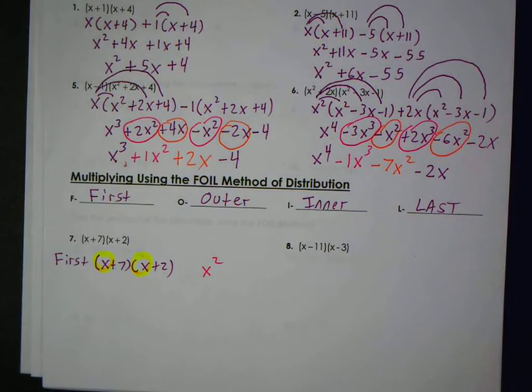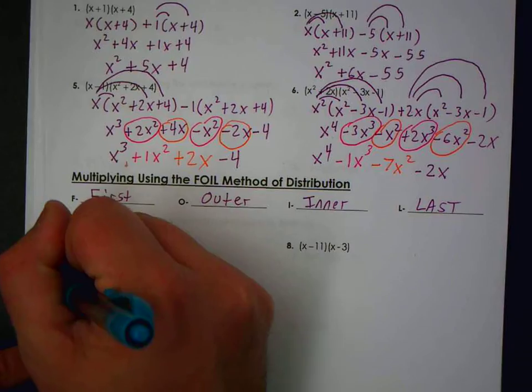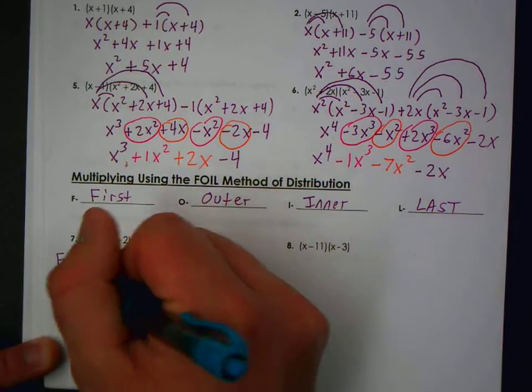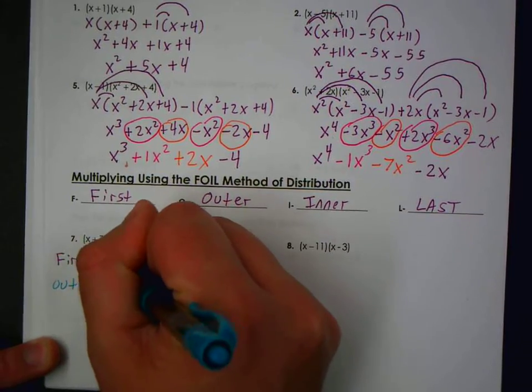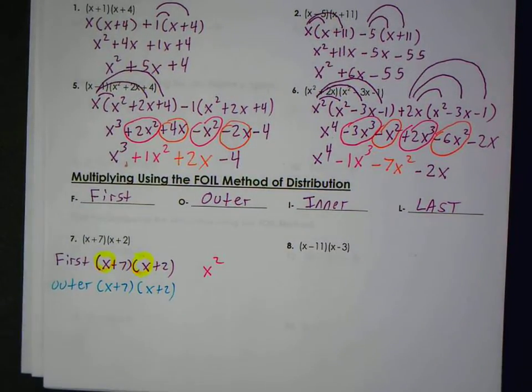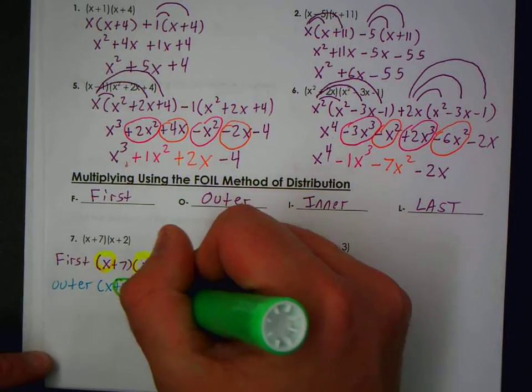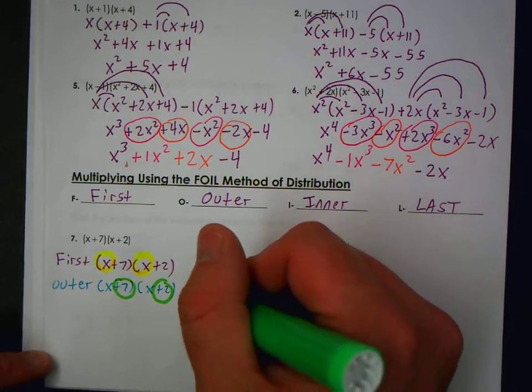And then you go to outer. Outer is when you would take 7 times 2, which is 14.